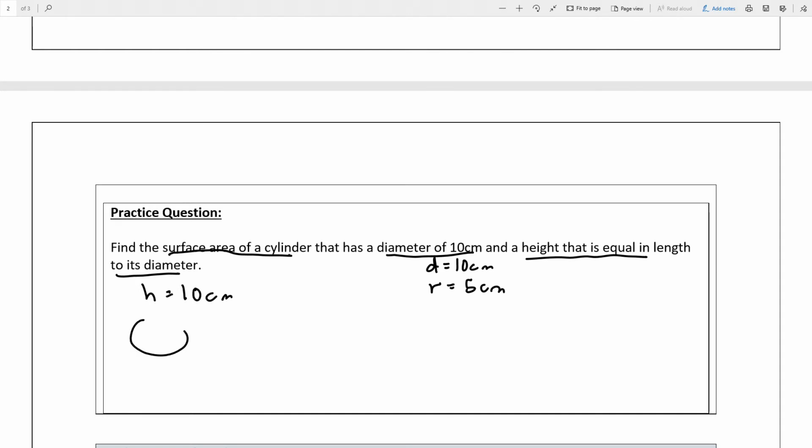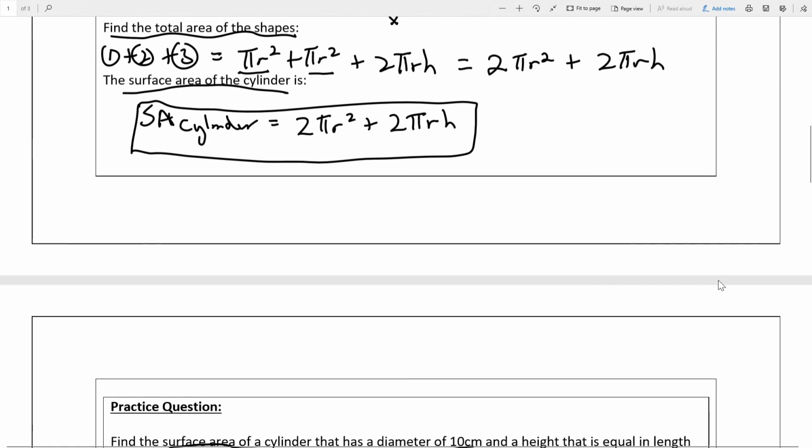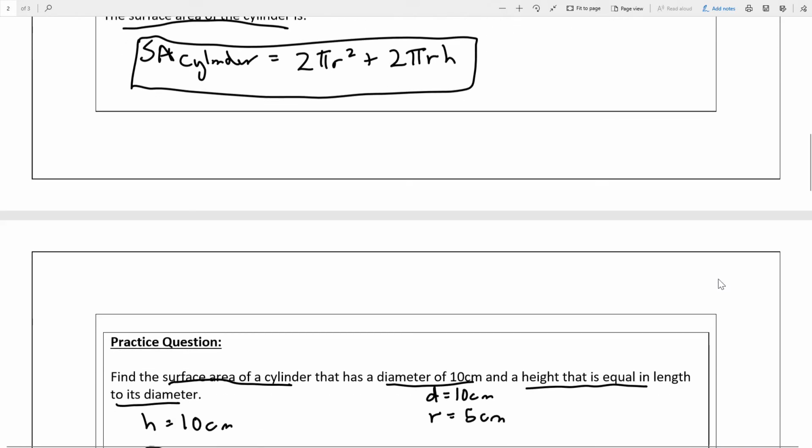So let's draw a little diagram to assist us in solving the problem. So here's my weird looking cylinder. So here, the height is 10 centimeters, and the radius from the center of the circle to the edge of the circle is 5 centimeters, right? Okay. And then we can use the formula that we've derived above to find the surface area.